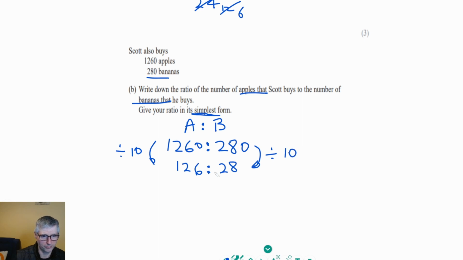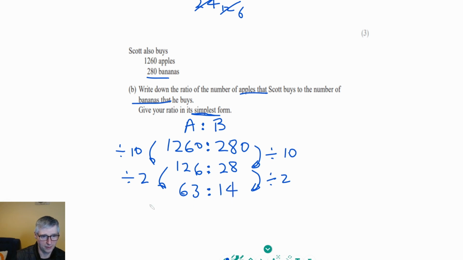And we're going to look for something that goes into both numbers again. So let's try just dividing by 2 since they're both even numbers. We can keep doing this until it won't go any further. So if we divide them by 2, then 2's into 126 is 63, and 2's into 28 is 14.